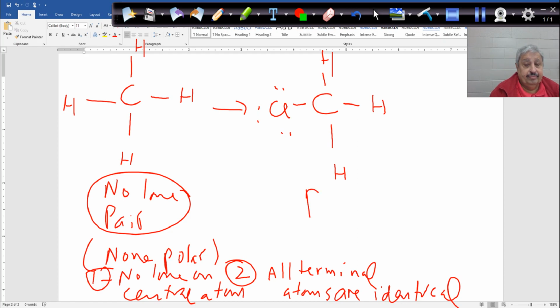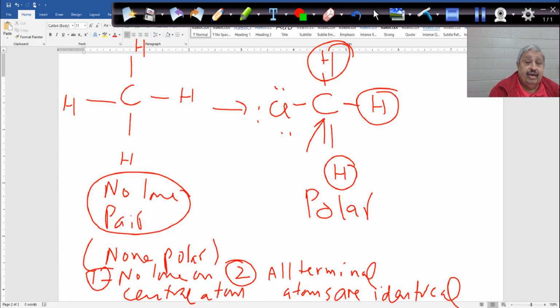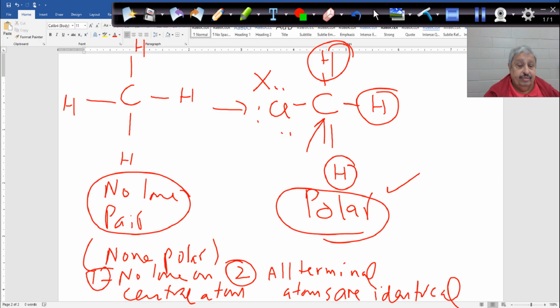Polar. Why? Although we don't have a lone pair on the central atom, we have what? 3 are identical, and the other one is not identical. The fourth one is not identical. So this one has to be polar. This one is non-polar.